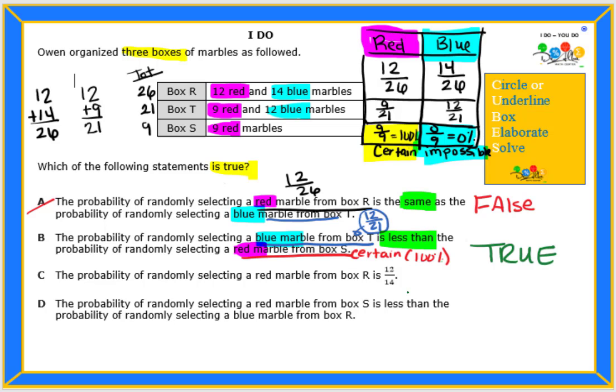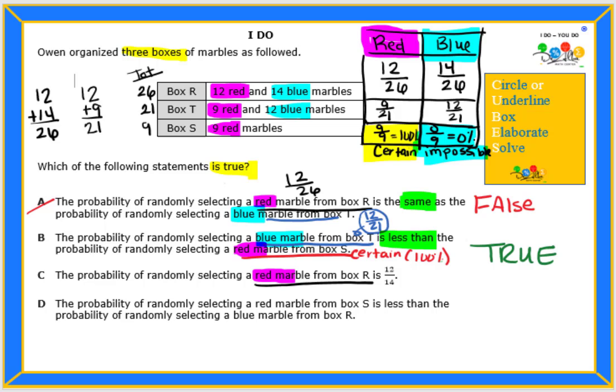Okay, let's look at letter C just to continue to talk about these kinds of situations. So letter C says the probability of randomly selecting a red marble from box R. Let's go back and look at box R. Remember box R? We had 12 red marbles. And look at what it says, 12 out of 14 though. Can you see what they did wrong there?